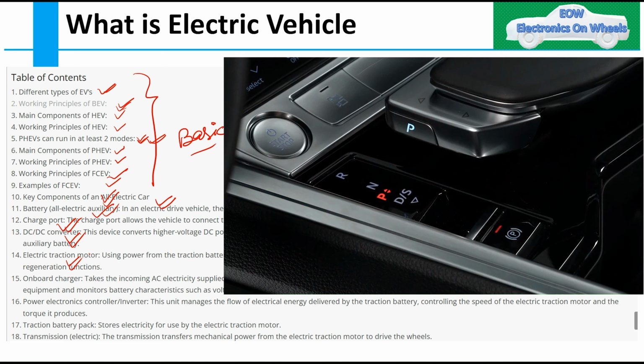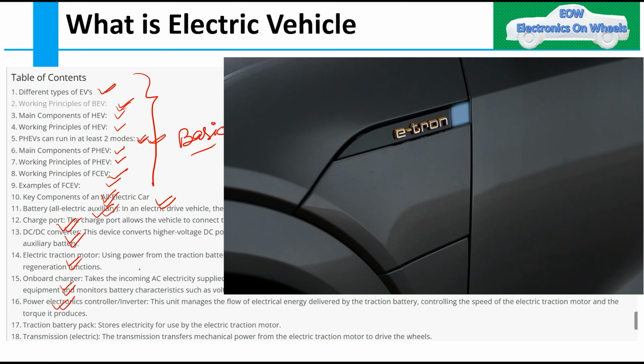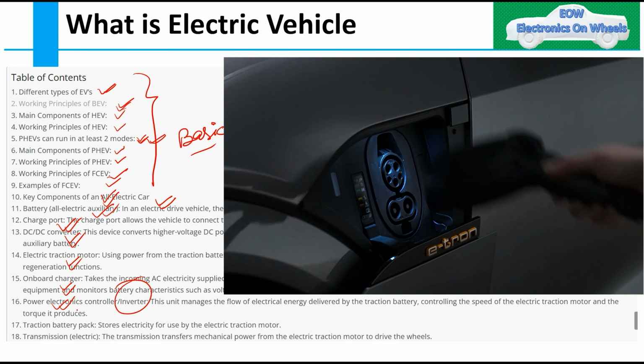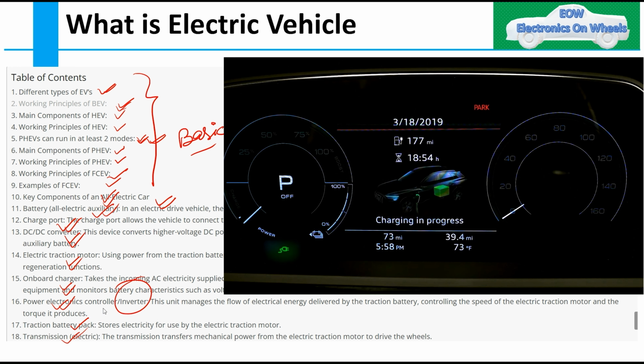Then the traction motor, onboard charger, then the power electronics controller or inverter. Many people are confused about the power electronics controller or inverter, whether they are the same or there is any difference. Then we will try to understand the difference between these two terminologies. Then what the traction battery pack is, then transmission. So these are the topics which we are going to cover in this video.